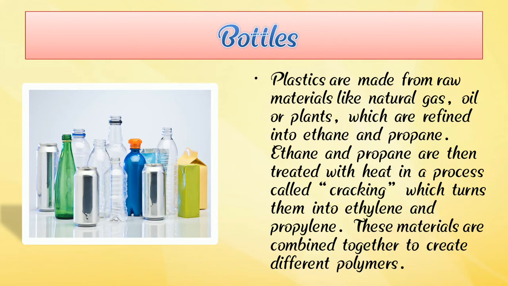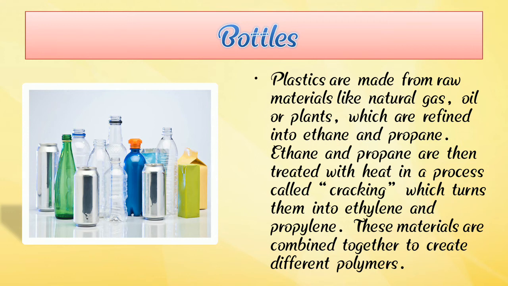Now we are going to learn the next slide, and it's a bottle. Here we find a glass bottle and a plastic bottle. Plastic bottles are made from raw materials like gas, oil, or plants, which are refined into ethane and propane. Ethane and propane are then treated with heat in a process called cracking, which turns them into ethylene and propylene.